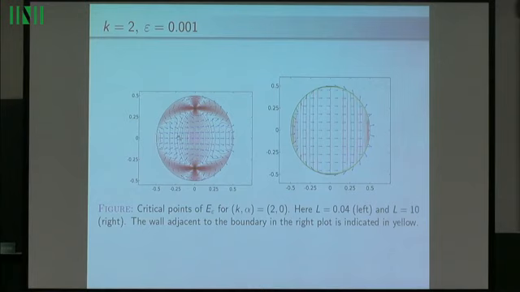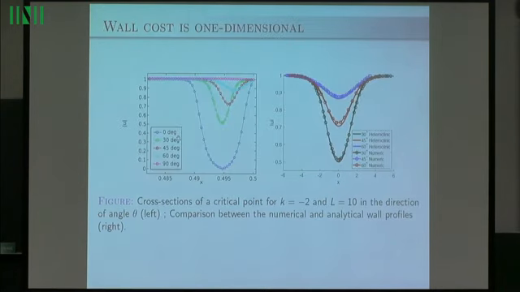So you can check if the wall can be one-dimensional, so we can compare the profile of a heteroclinic solution which connects the appropriate orientations of the director with a cross-section of the wall, and you see that these two things, the heteroclinic and the actual profile across the numerically computed wall, are exactly the same. So the conjecture that the wall must be one-dimensional is kind of supported by this observation.